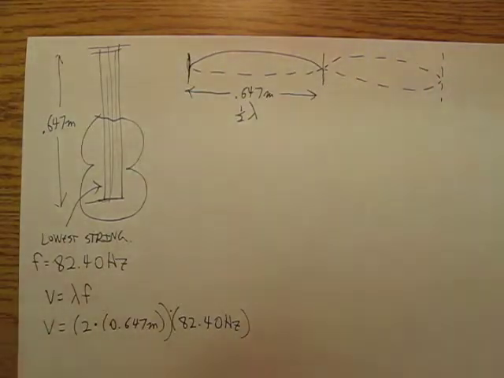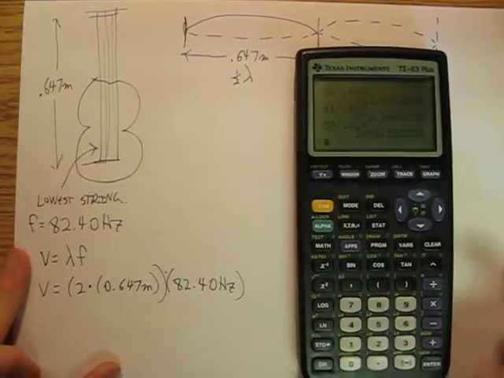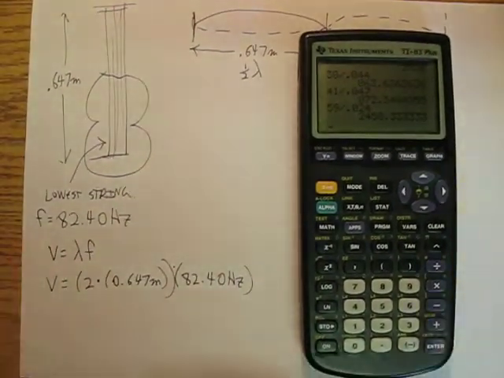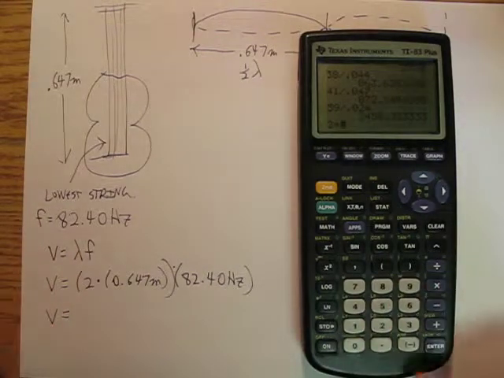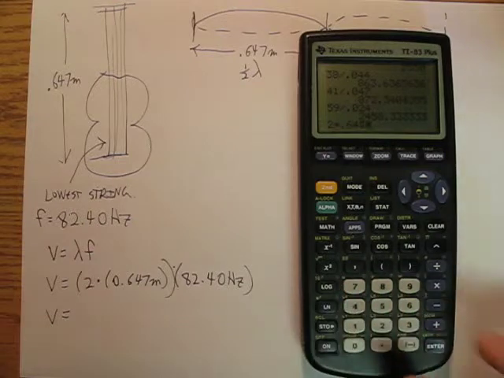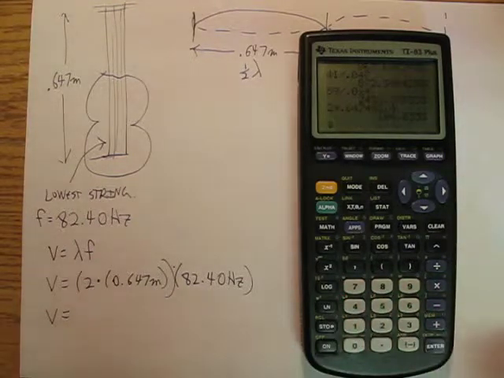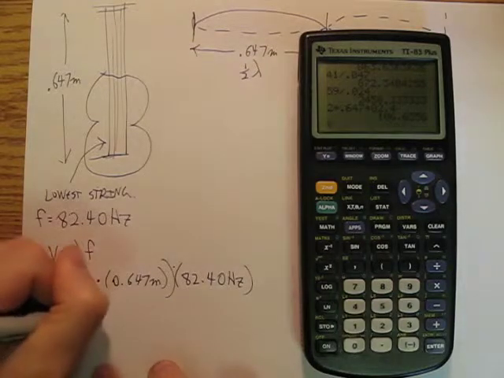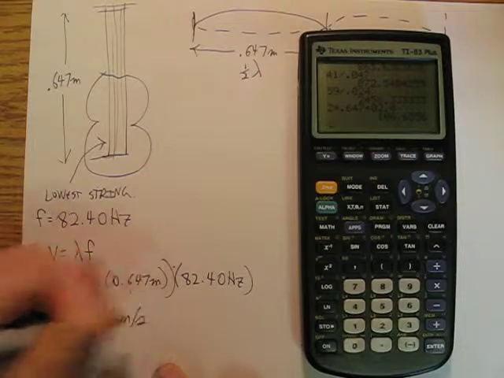So I'm going to get a velocity of 2 times 0.647 times 82.4. It's going to be 107 meters per second.